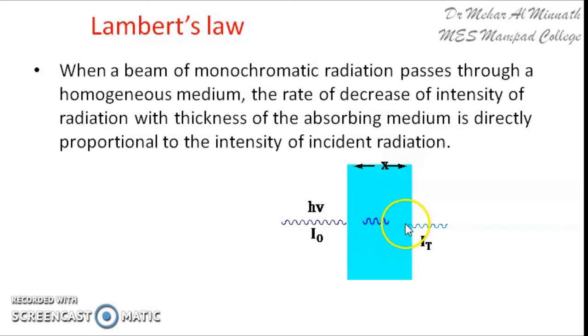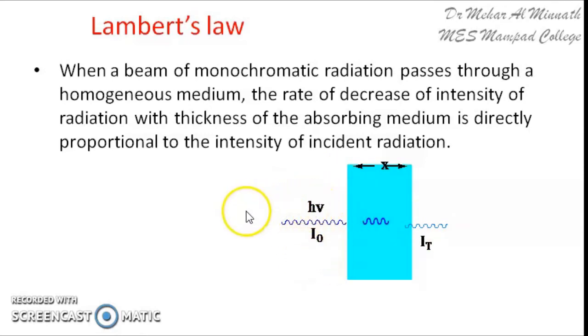It is the rest which is being transmitted. So the difference between the transmitted light and the incident light, that is the rate of decrease of intensity of the radiation, is directly proportional to the intensity of the incident radiation.